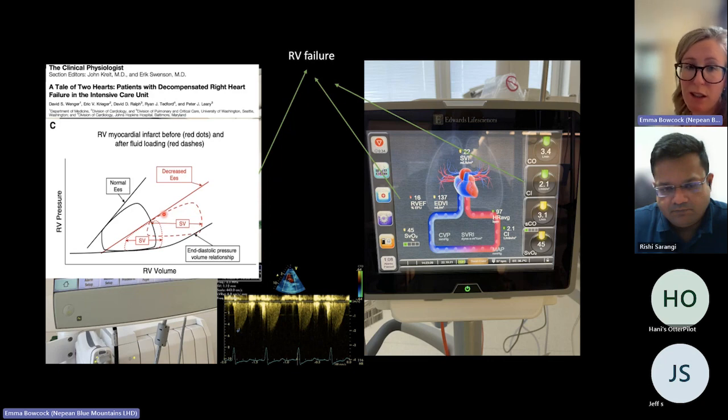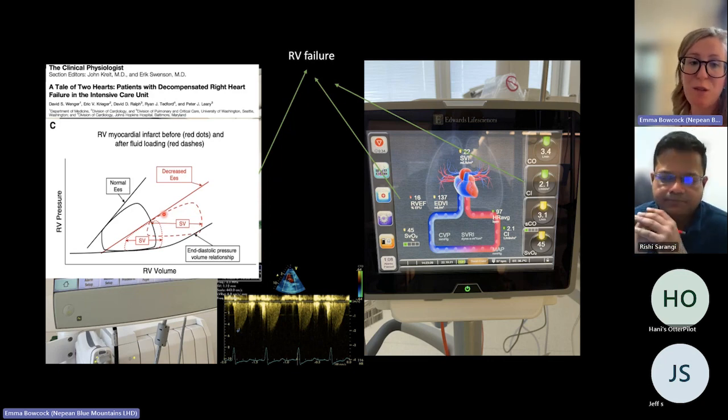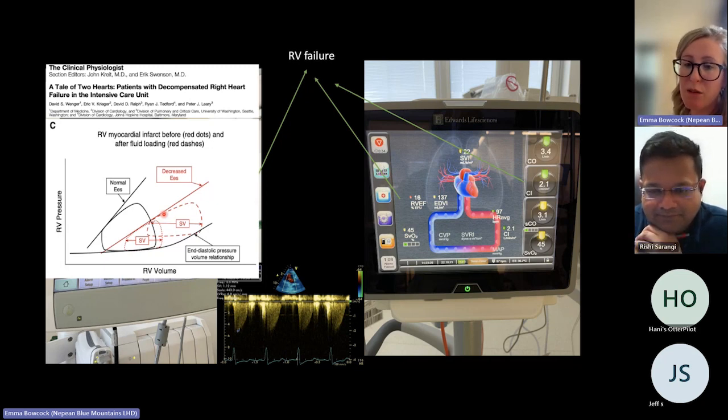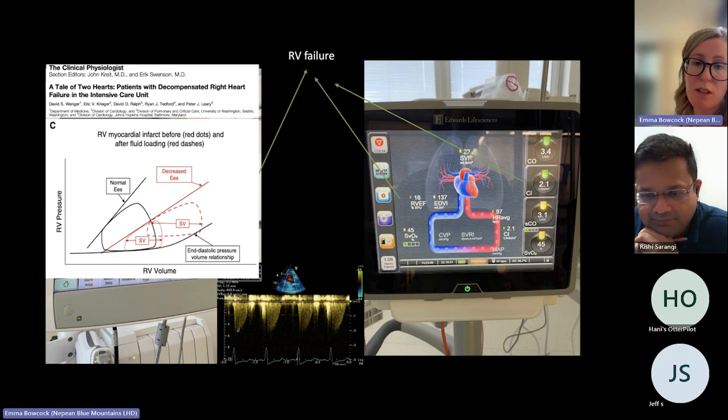They don't need heaps of fluid like was previously thought, but they need a reasonable filling pressure to get blood flowing from one side to the other, and obviously support and then mechanical support if needed. This lady actually got better with a little bit of fluid and inotropy and time, and she didn't end up needing mechanical support in the end, but we thought she might have needed that.